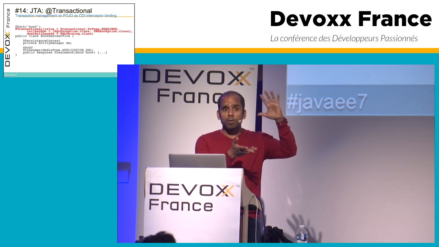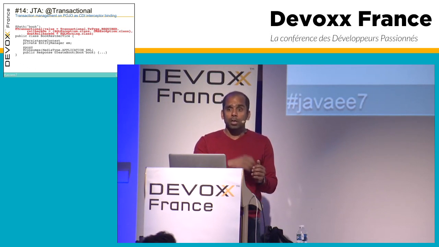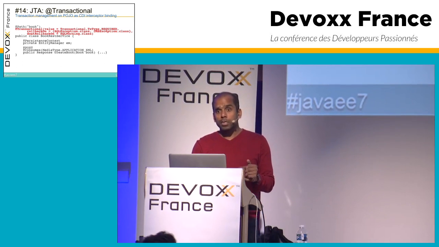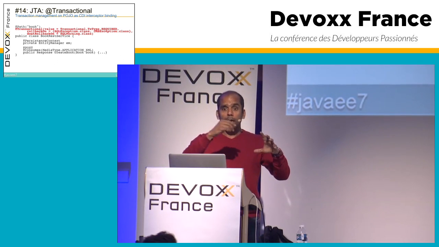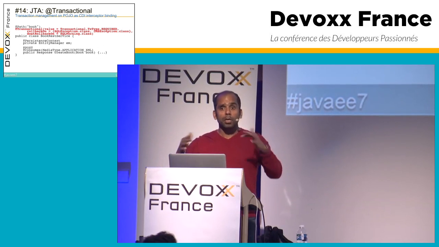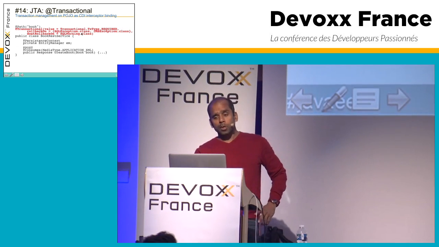Let's say you have a POJO with 5 methods in there, and you want to make only one method transactional. On that method, you put the @Transactional annotation, and only for that method the container will automatically start and commit or roll back the transaction based upon the conditions defined in the specification. In this case, I'm explicitly specifying to roll back on these 2 exceptions and not to roll back on a warning.